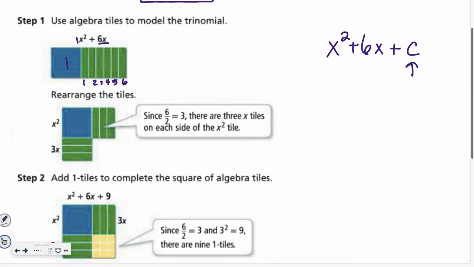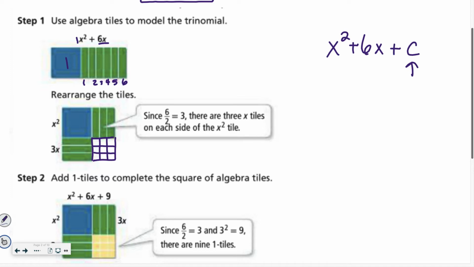So if I wanted to rearrange those to make a square, I would have to take 3 of the green strips, put them here, 3 of them here, and then you can see I still have this little piece right here that is empty. So I'd want to figure out what I have to add to this in order to make it a perfect square.